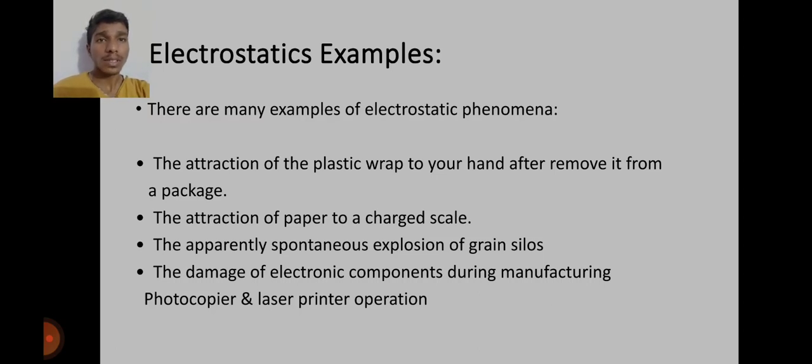The attraction of paper to a charged scale is also an example. Also the apparently spontaneous explosion of grain, the damage of electronic components during manufacturing, and photocopier and laser printer operations.